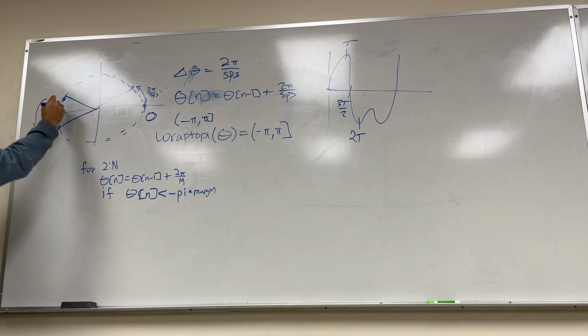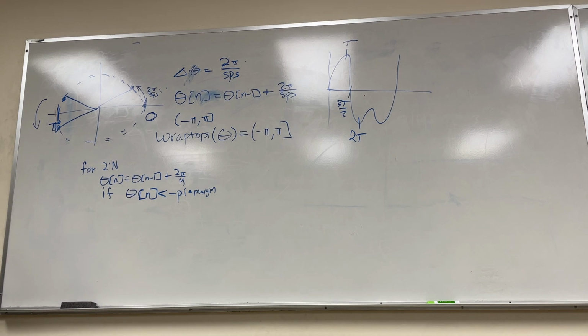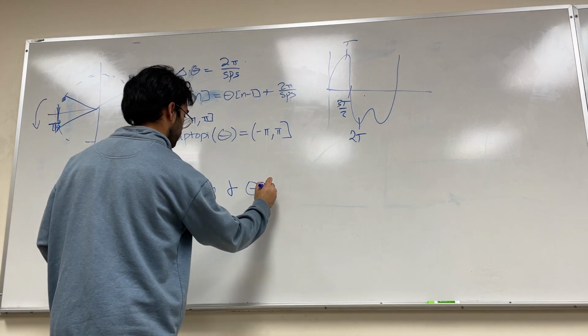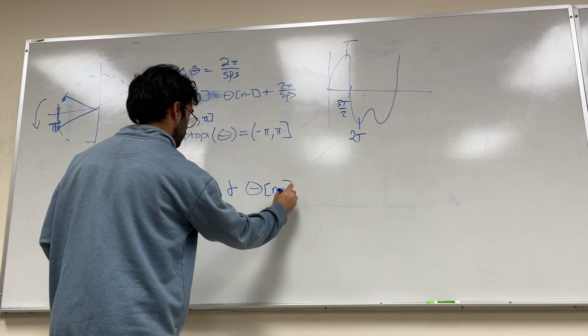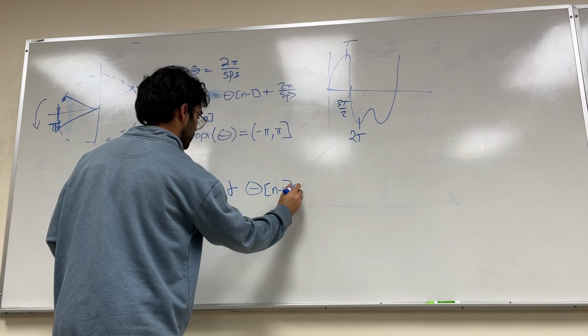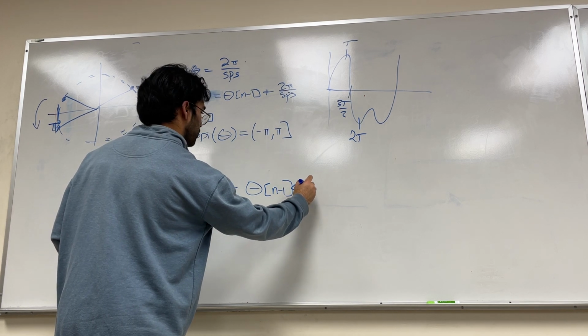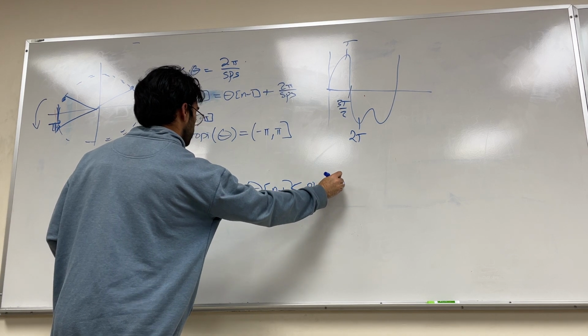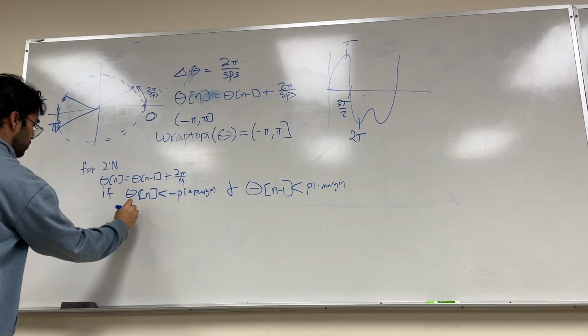So if it goes from here to here, it's within this range, then we know it's a sample. So if it's within that margin, and theta of n minus 1 is less than pi times margin, we could say to record the sample.